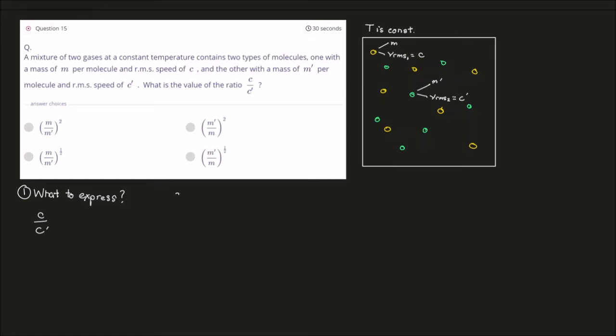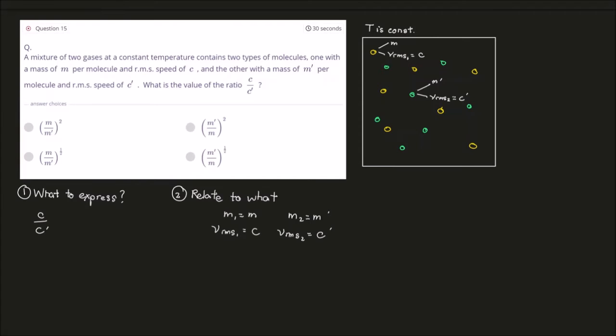Okay, so what other stuff that you know relate to what? What do you know? What do you want to relate it to? You know that there's mass 1, which is equal to m, and there's mass 2, which is equal to m prime. And you know there's VRMS 1, which is equal to c, and there's VRMS 2, which is equal to c prime.